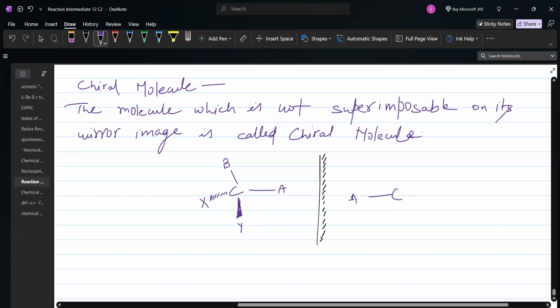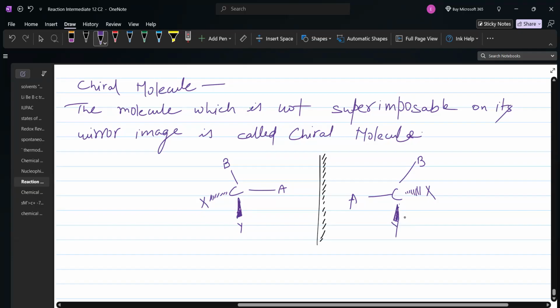So we will see A exactly in the mirror image, we will see B here, and we will see Y here. So this is a perfect mirror image.